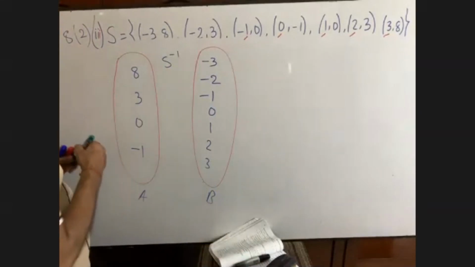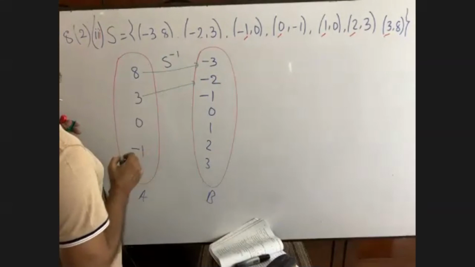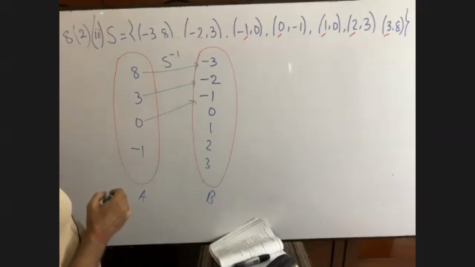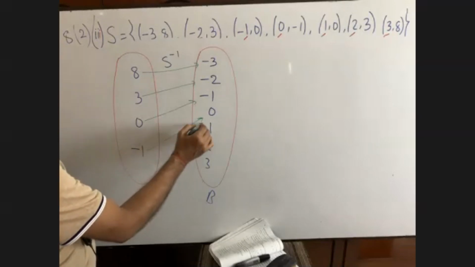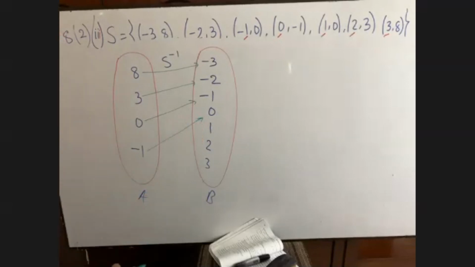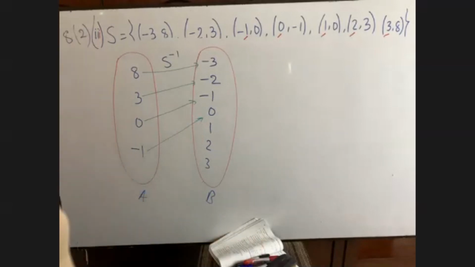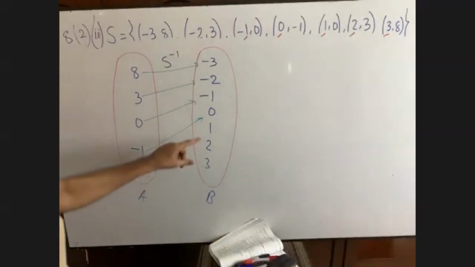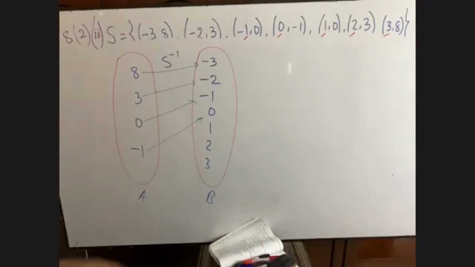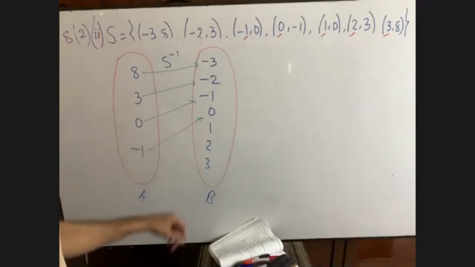So we are getting for 8, -3; 3, -2; 0, -1; -1, 0. It is right, okay? But there are some other values that don't have any father or mother, you understand?